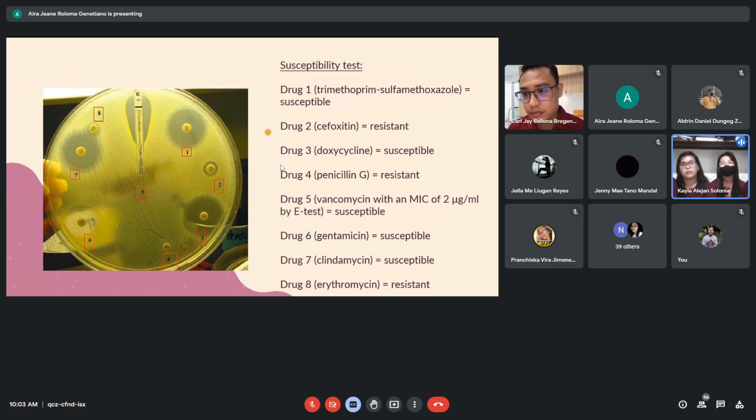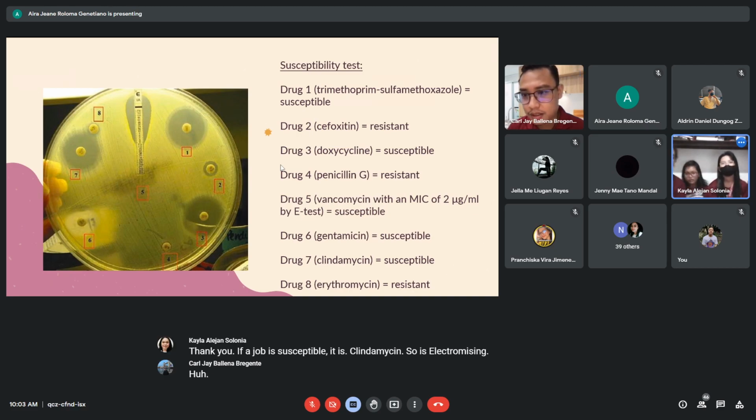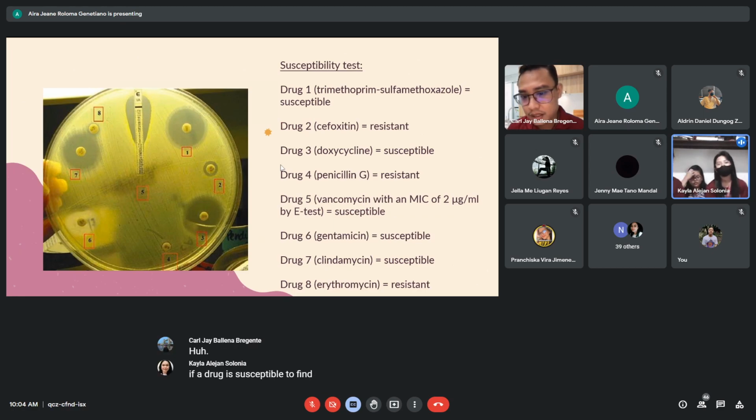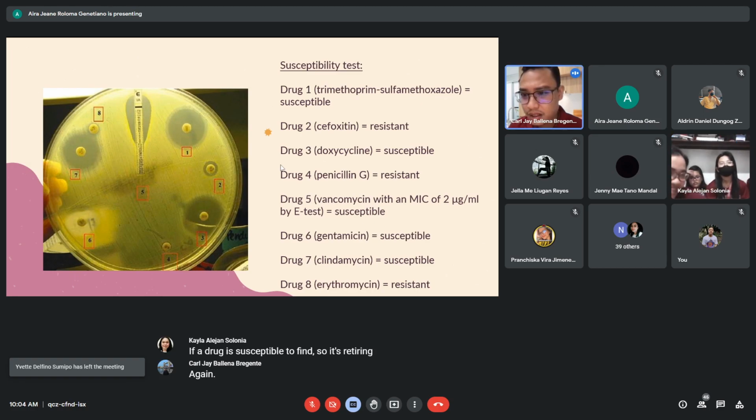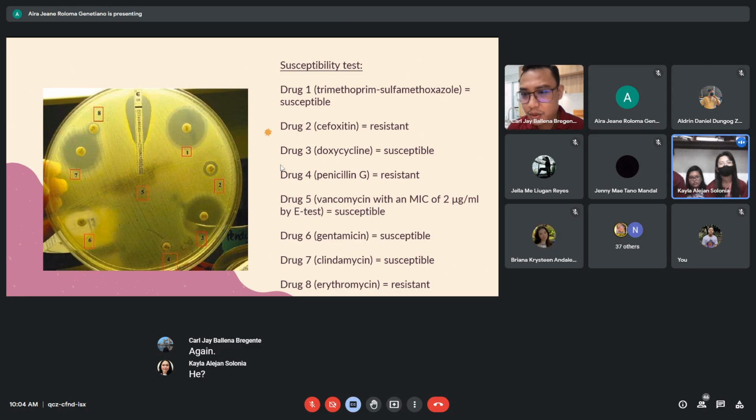If a drug is susceptible to clindamycin, so is erythromycin. What test is this one? Your clindamycin, erythromycin.